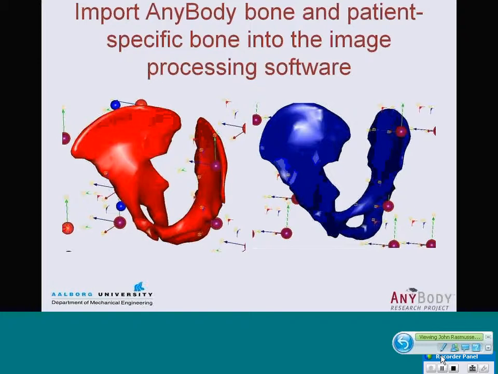And then I have two pelvises. One pelvis is the original one from the AnyBody model, and the other one is the patient-specific pelvis. Now, they will not be located in the same coordinate system initially. So we have to use the registration feature of the image processing program to place those two and align them and rotate them in such a way that their coordinate systems become the same.